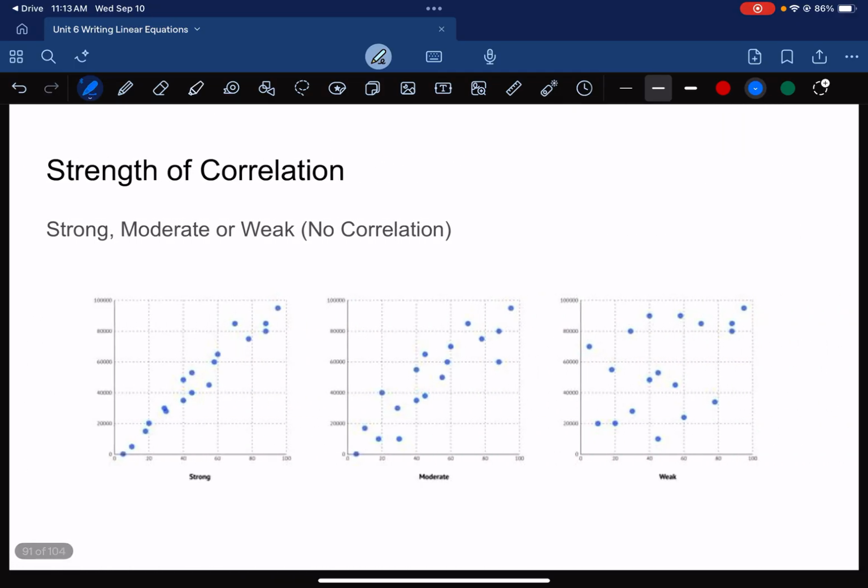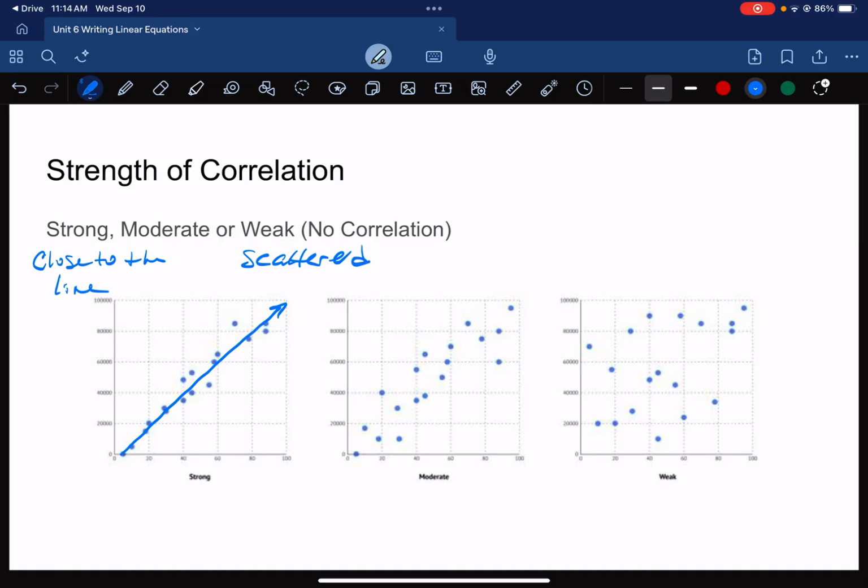So strength of correlation. Well, the closer the dots are to the shape of a line, to the shape of an exponential curve, the shape of a U-shape, the stronger the correlation. So the more scattered they are, the weaker they are. So this is close to the line, but this is more scattered.